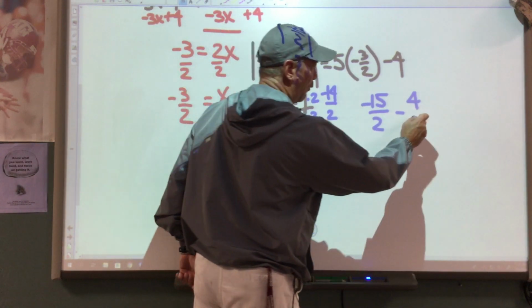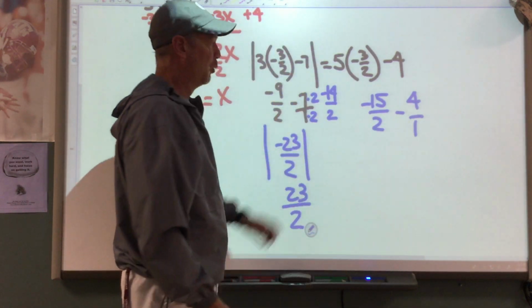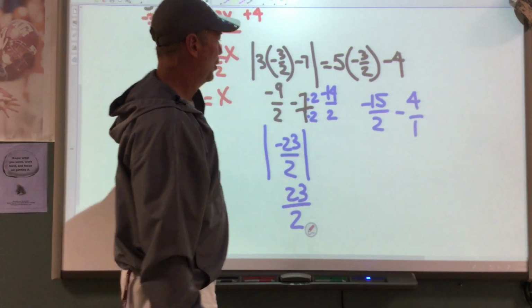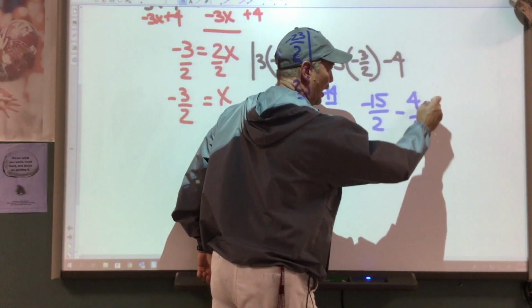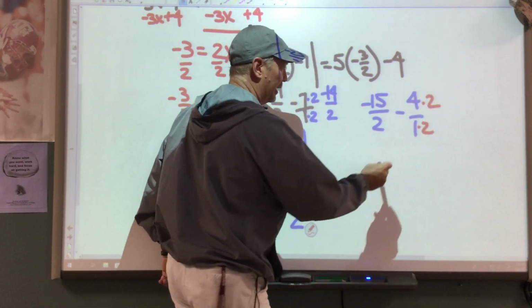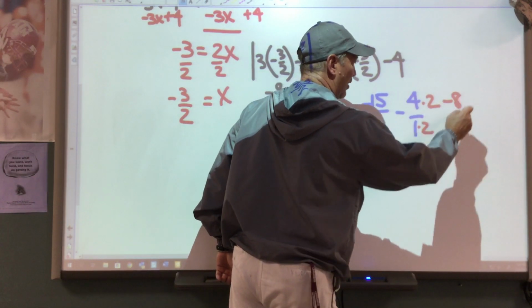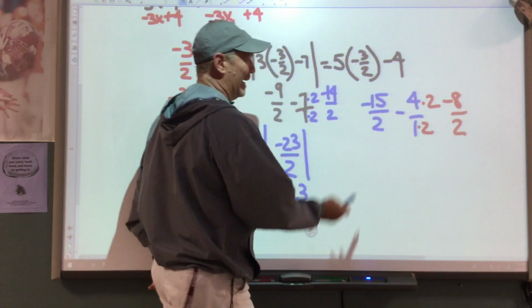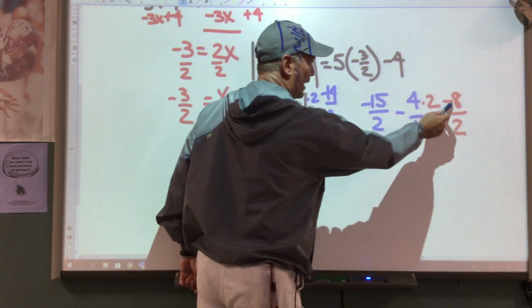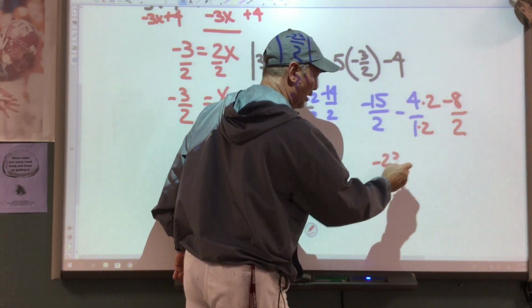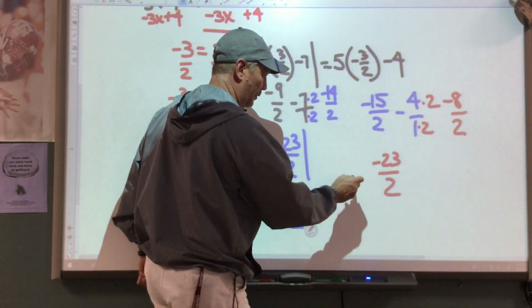We're going to put this over 1. We're going to get a common denominator. We're going to say times 2, times 2. I'm going to get a negative 8 over 2. Negative 15, negative 8 is a negative 23 over 2.